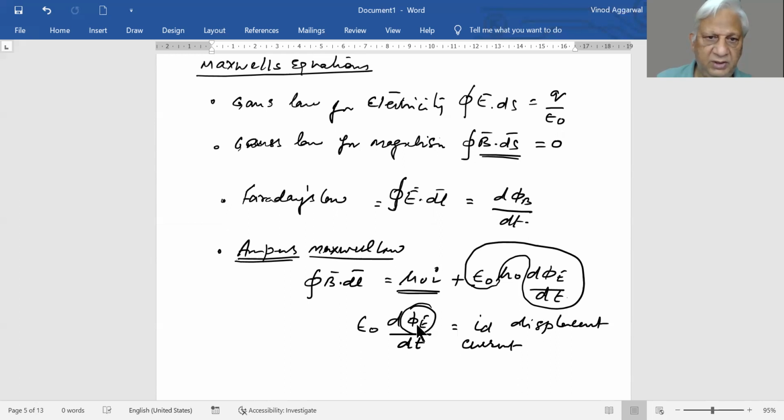If the electrical field doesn't change, then Ampere's original law need not be modified. But in case the electrical field within this loop is changing, then we need to add this term, not otherwise.